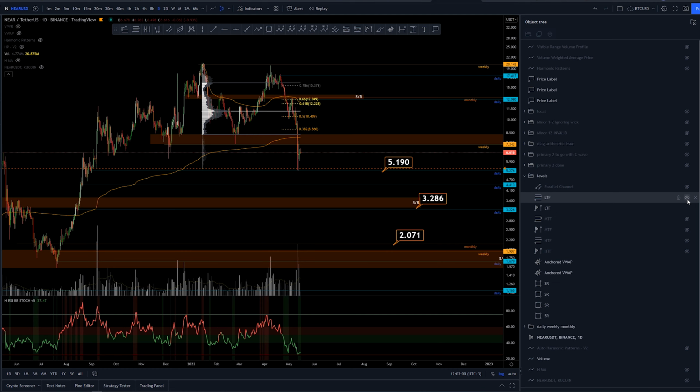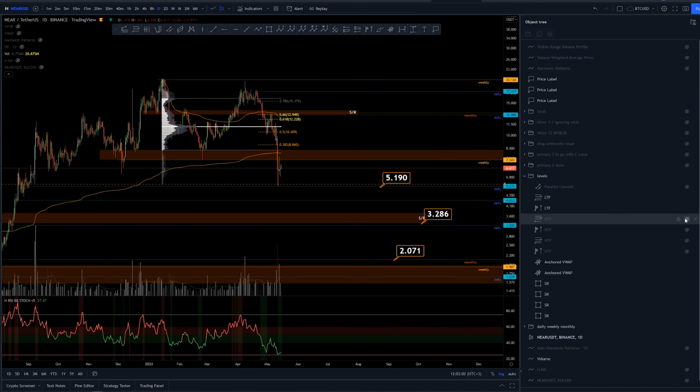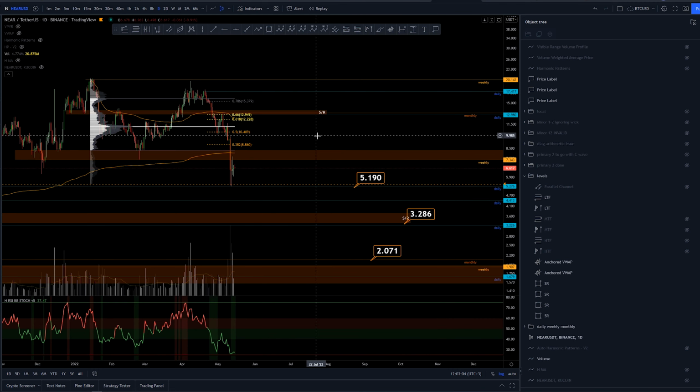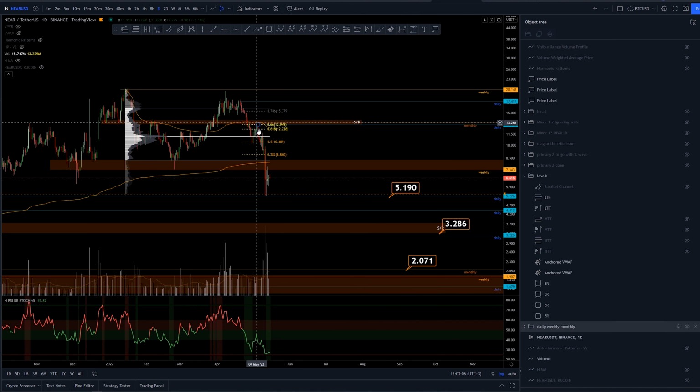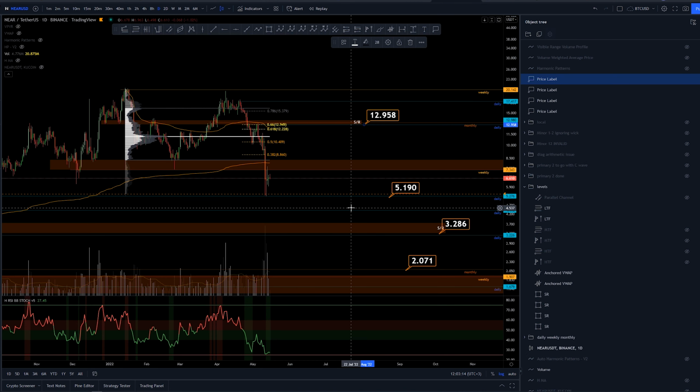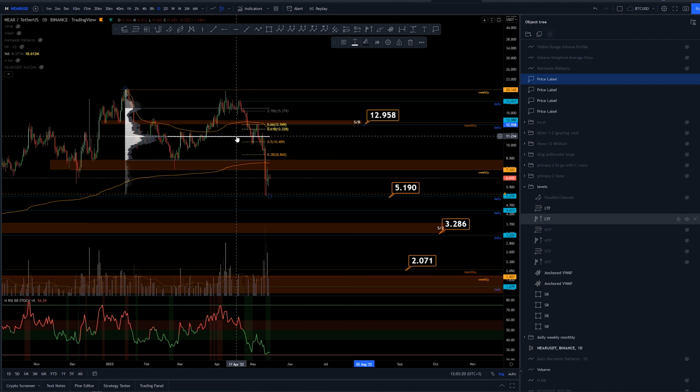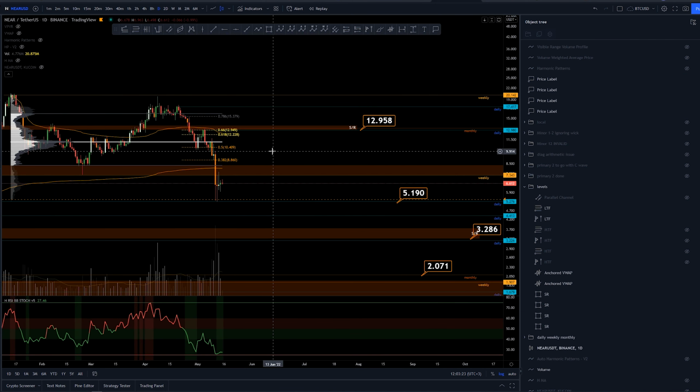Even lower time frame. Let's check out some resistances. Definitely the golden pocket, now that it has a monthly, a daily and an established support and resistance area, is going to be a major level of resistance here around $13 or so. This point of control here again is not really lining up with too much.